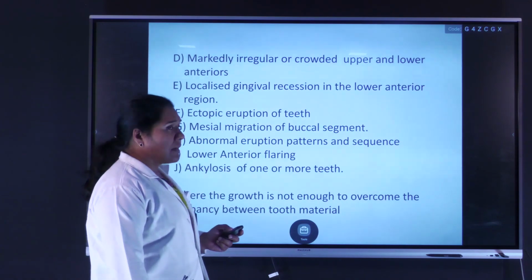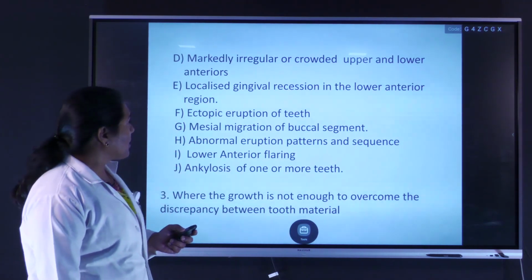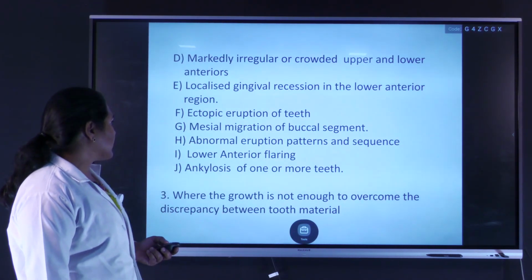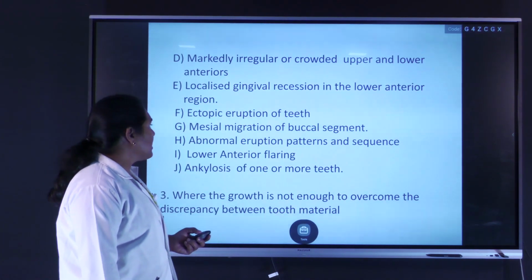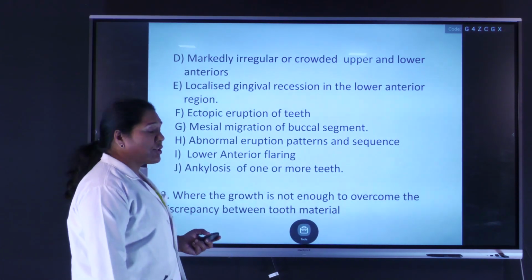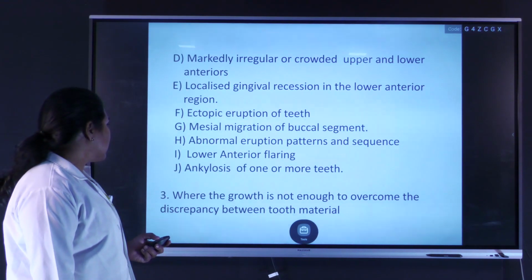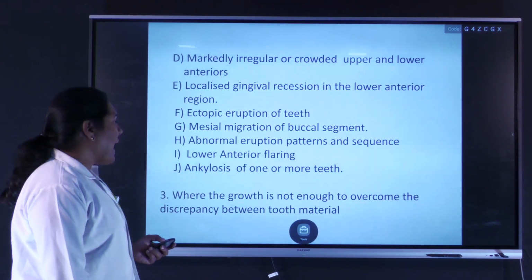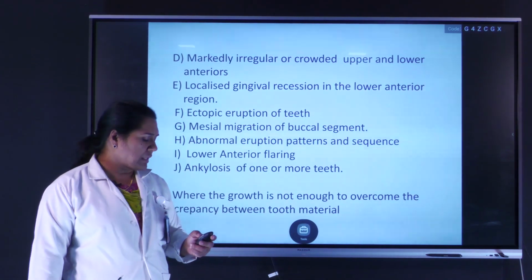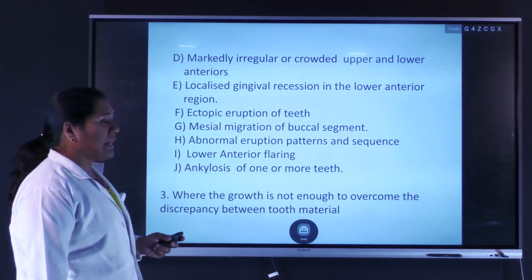Another set of indications is markedly irregular or crowded upper and lower anteriors, localized gingival recession in the lower anterior region, ectopic eruption of the teeth, abnormal eruption patterns and sequence, lower anterior flaring, and ankylosis of one or more teeth. All these are the indications.